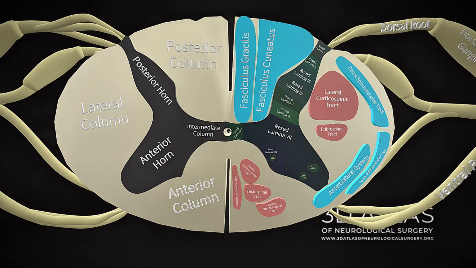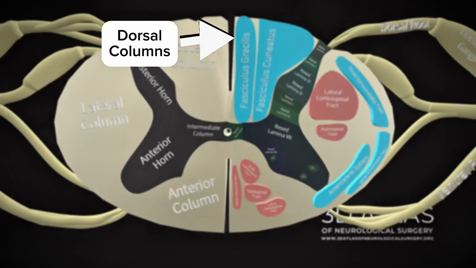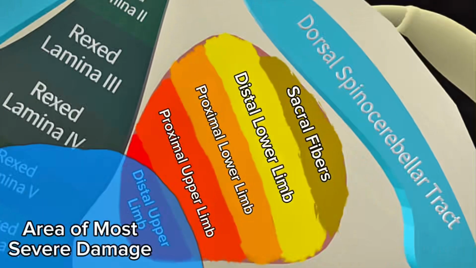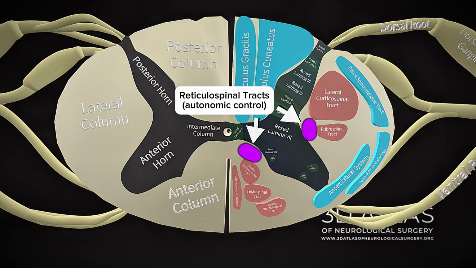In contrast, the dorsal columns, which transmit proprioception and vibration sense, are located posteriorly and are often spared, resulting in sensory dissociation. A key feature of central cord syndrome is sacral sparing, which reflects the peripheral location of sacral fibers within both the corticospinal and spinothalamic tracts, an important clinical sign indicating an incomplete spinal cord injury.